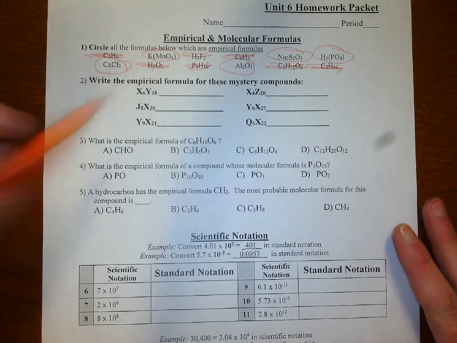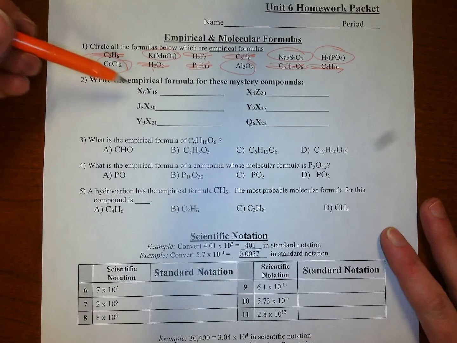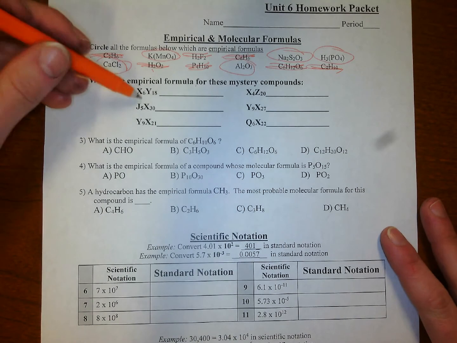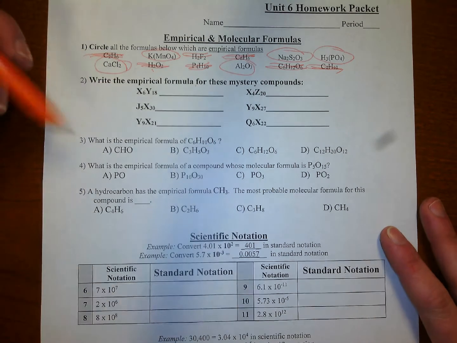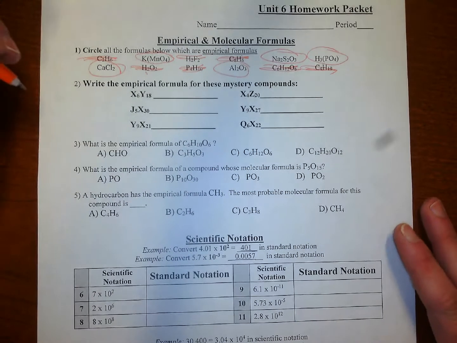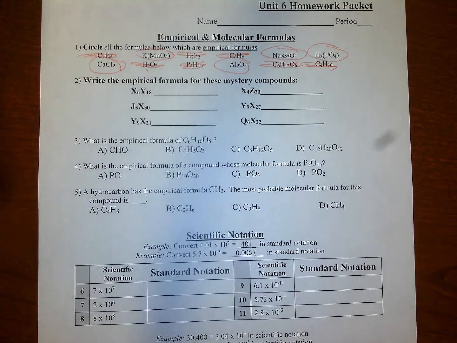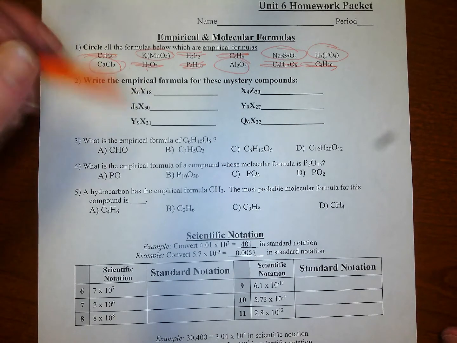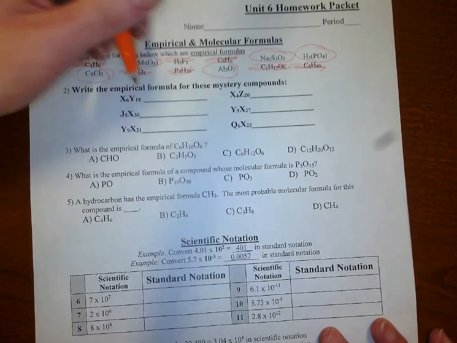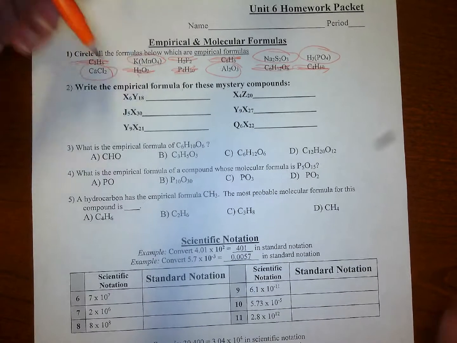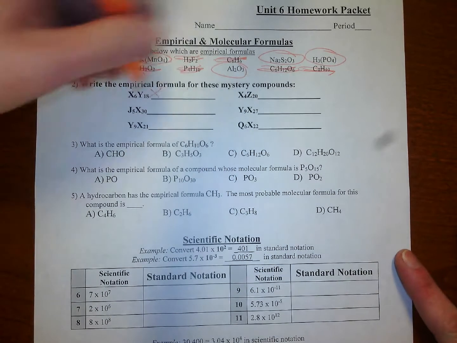So if we want to write out the formulas ourselves, all you have to do is reduce it down as much as you can. So for this one, for example, X6Y18, I just want to think, what can I divide these down to make it the smallest number possible? So 6 and 18 you can divide by 6, right? So I'm going to use 6 as my divisor. 6 divided by 6 is 1.